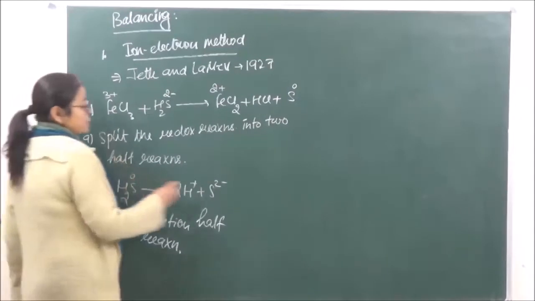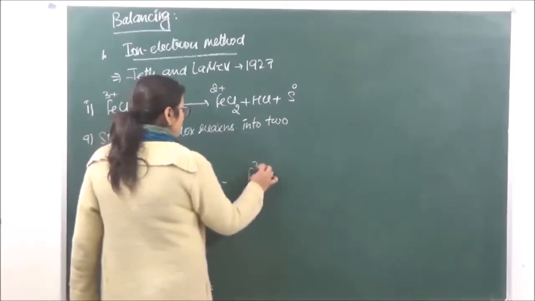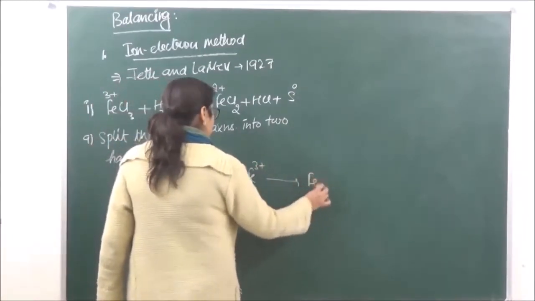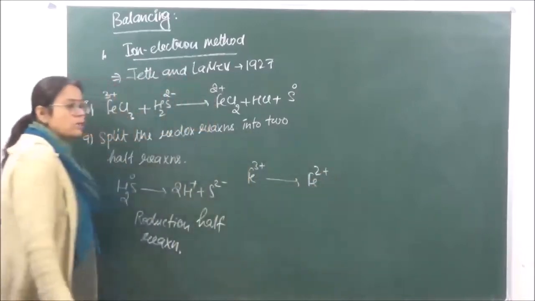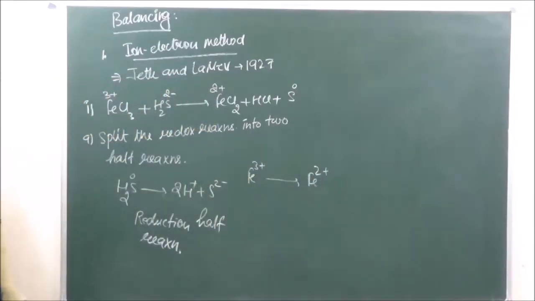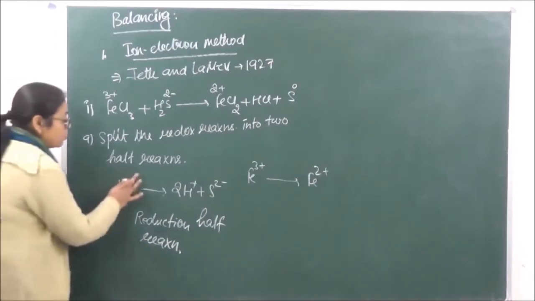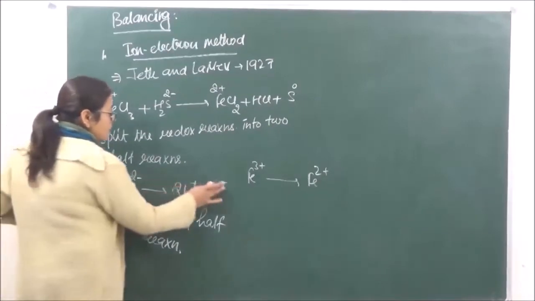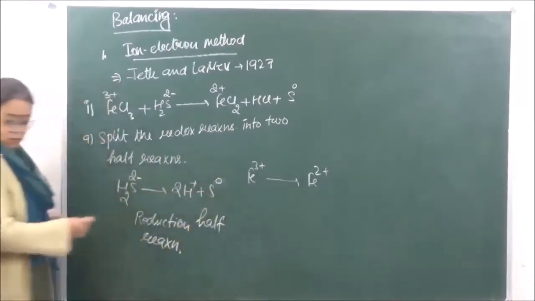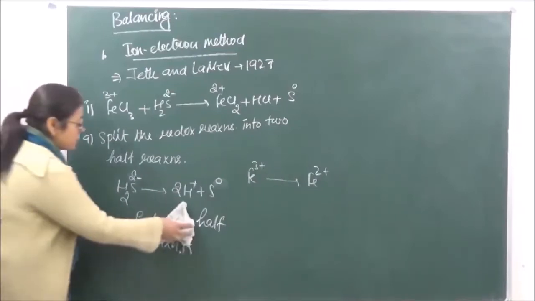And the second reaction we have, Fe3 positive, converts into Fe2 positive. So there is a decrease in oxidation number over here. Sorry, I am sorry, I said it wrong. Here it is 2 negative and here it will be 0, so this is the oxidation half reaction.